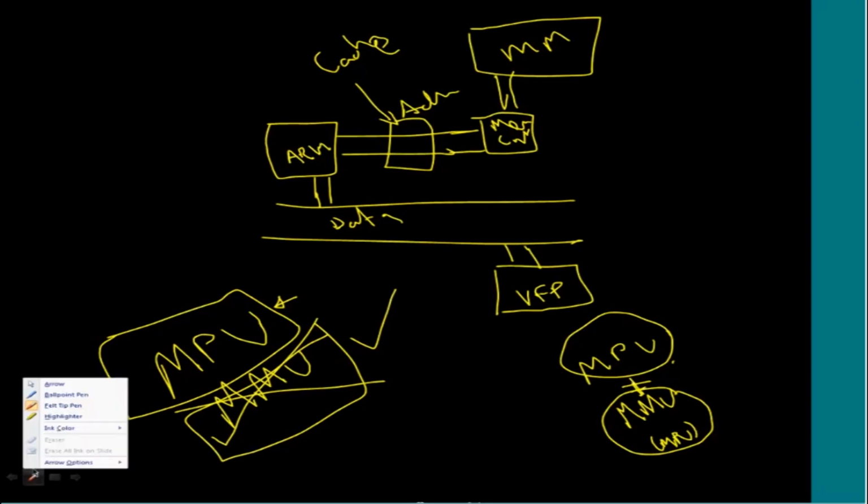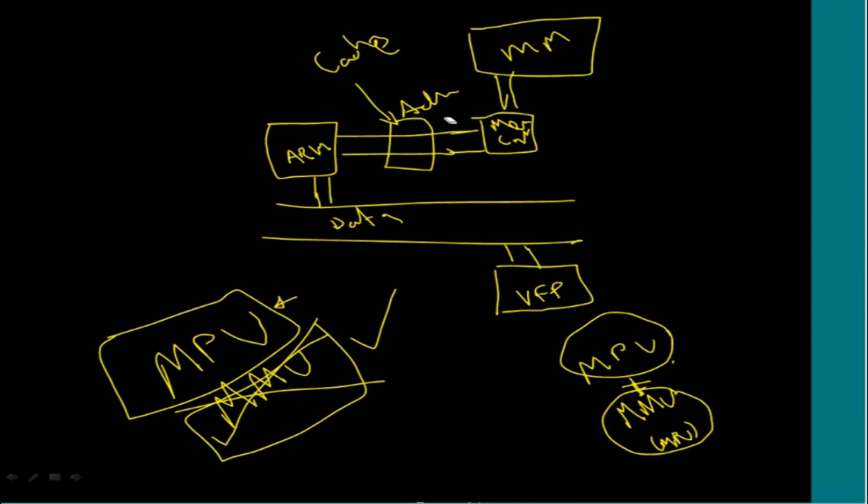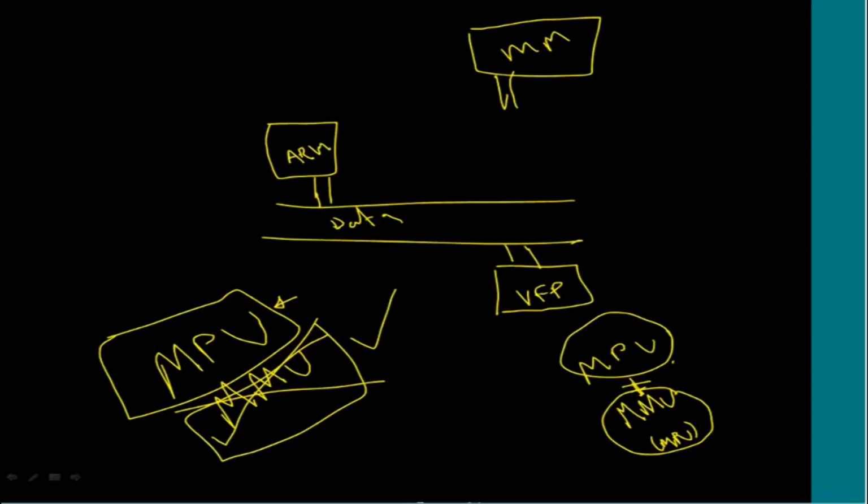Because in our discussion today we are going to talk about the memory protection unit, the MMU is not there. Let me remove the cache also for a moment. Only the MPU is there, which means there is no MMU.